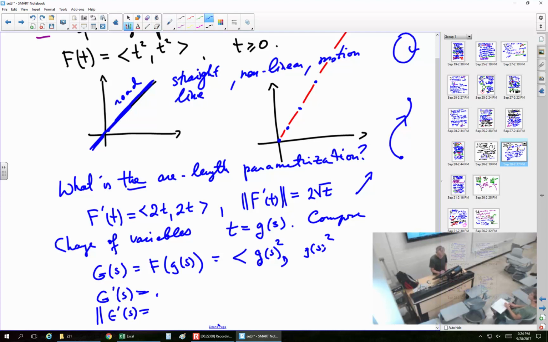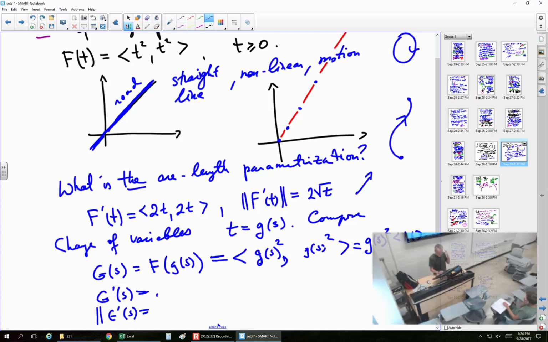Squared. Okay, so now I'm differentiating, and that's where the chain rule comes into play. But I could still do what I did before, because it's the same thing: g of s squared times (1, 1). Then my differentiation will be entirely numerical, not vector differentiation.